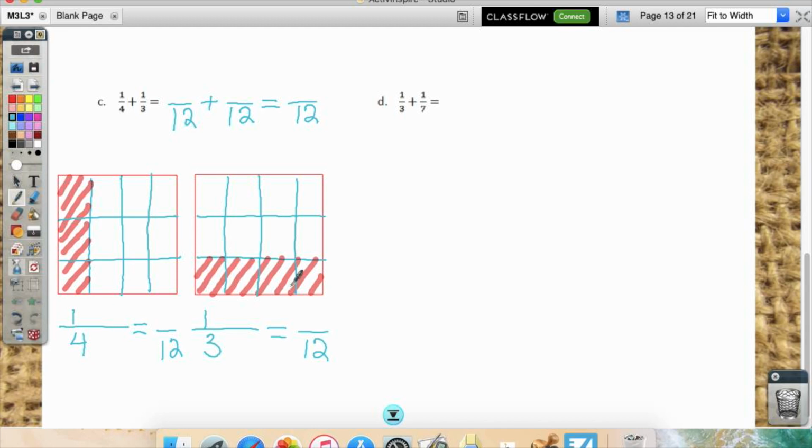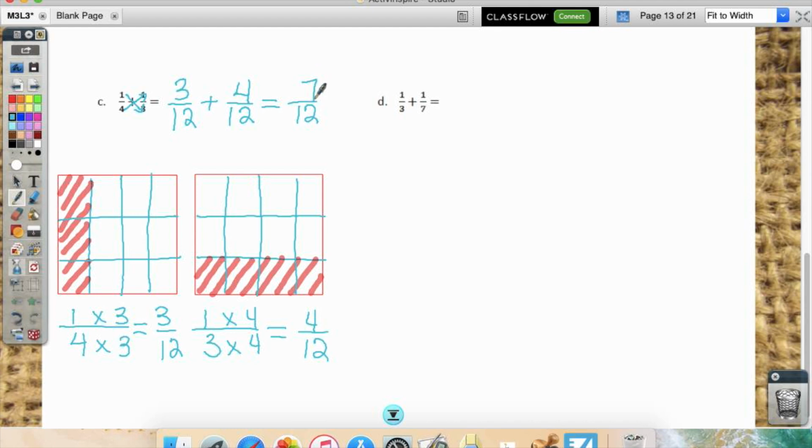Okay? 4 times what equals 12? 3. And 3 times what equals 12? 4. And if I do the cross multiplying, 1 times 3 and 4 times 1.